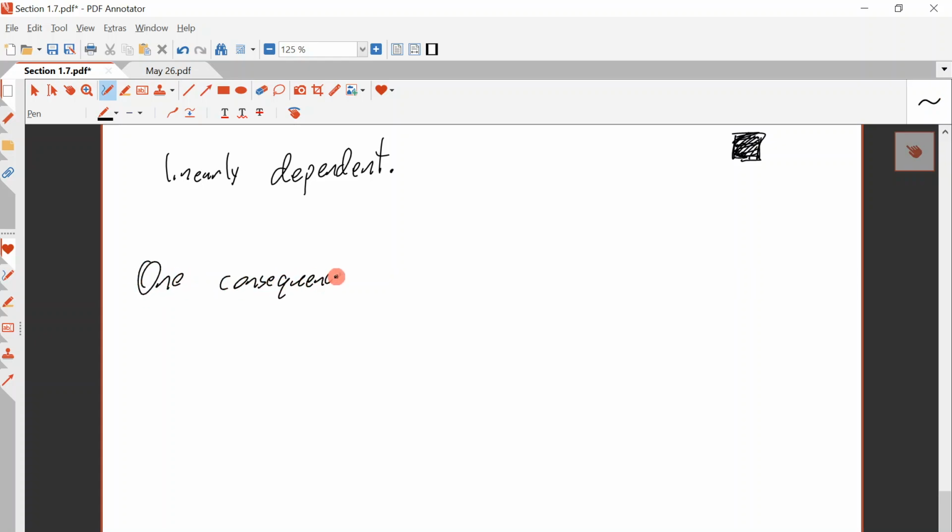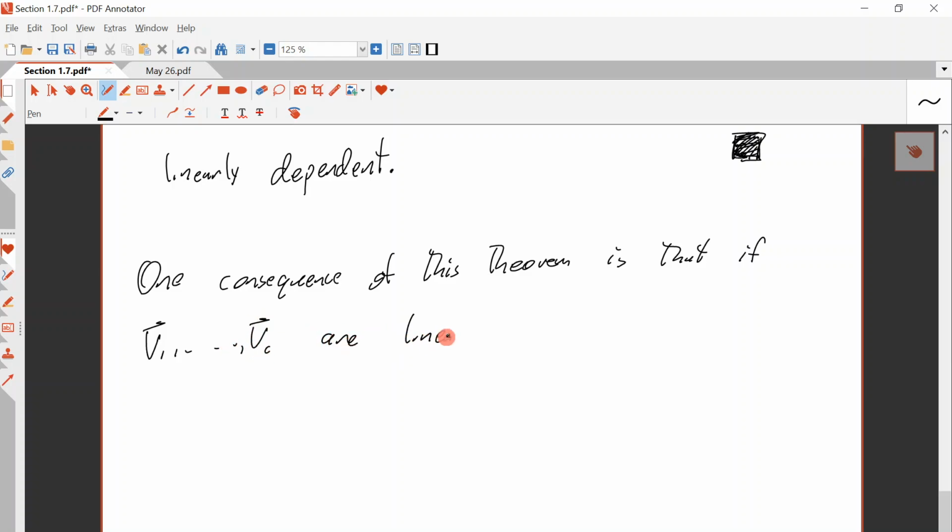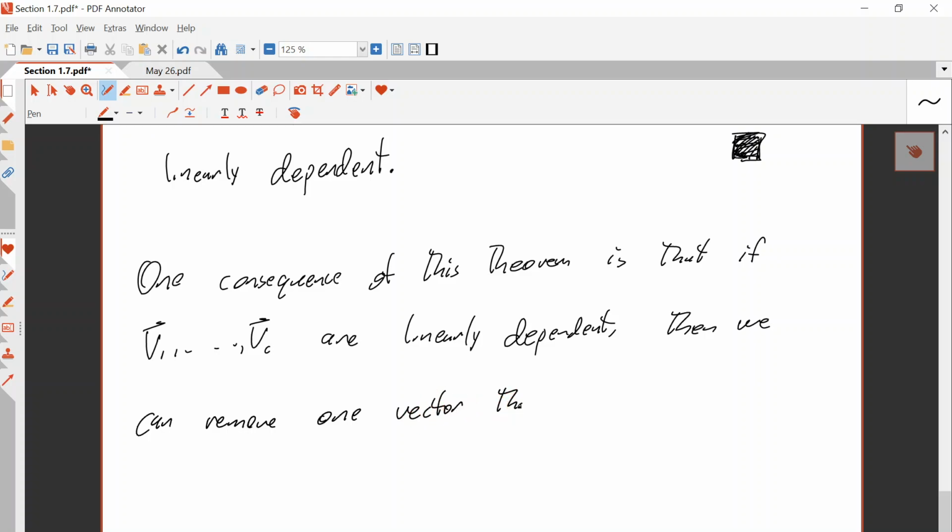So one consequence of this theorem is that if v1 to vc are linearly dependent, then we can remove one vector that is a linear combination of the rest.